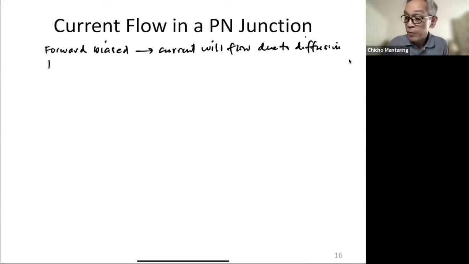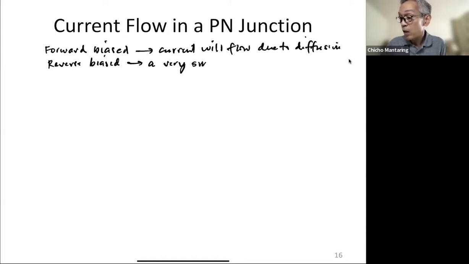And then if it is reverse biased, a very small current, practically equal to 0, will flow due to drift.